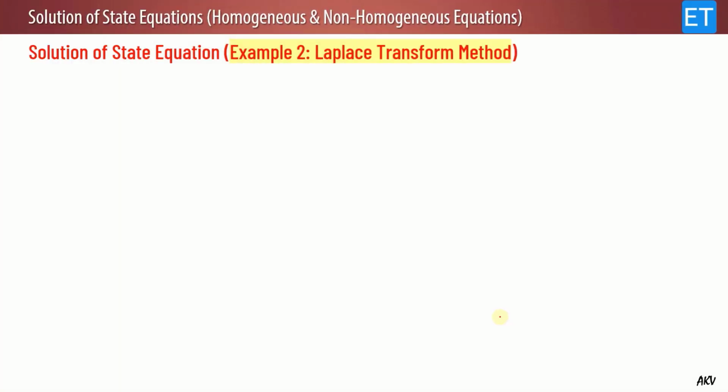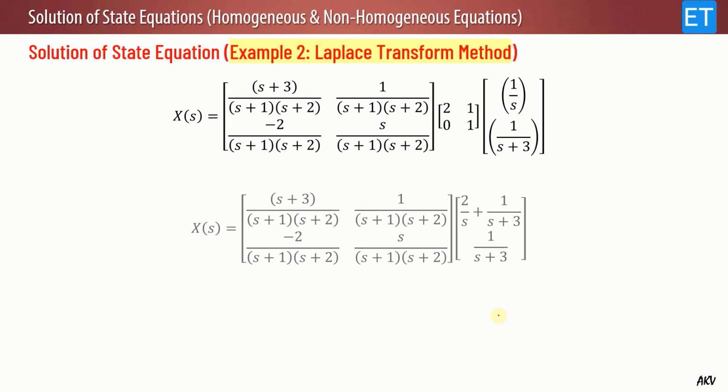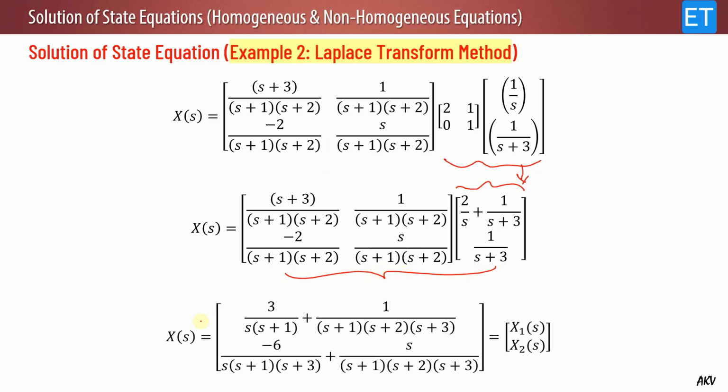Let me rewrite again. You first multiply these two matrices, you get this. Very easy. And now you multiply these two matrices again, so you will get X(s). So this is how you achieve these two values in this matrix, that is your X1(s) and X2(s), right?